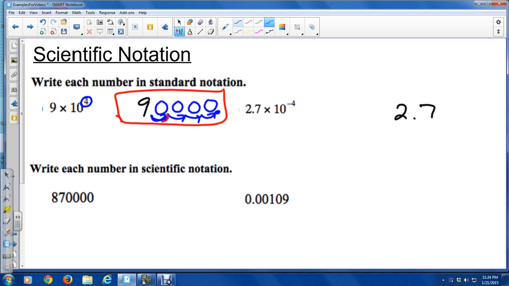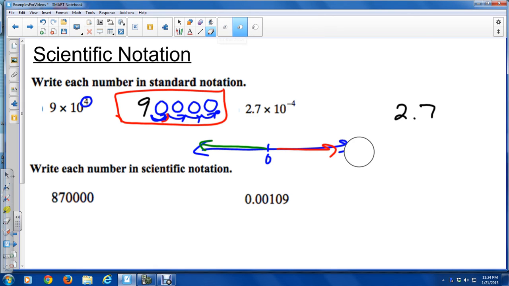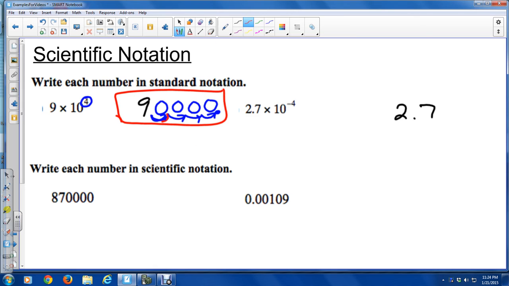If we think number line, here's my number line, 0, negative numbers are in that direction, positive numbers are in this direction. Same thing. So a negative exponent is telling me to move to the left. So I'm going to move it 1, 2, 3, 4 times again.